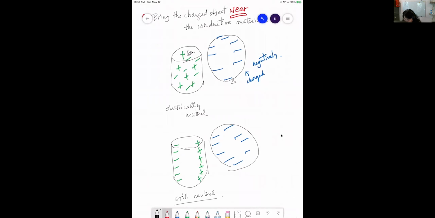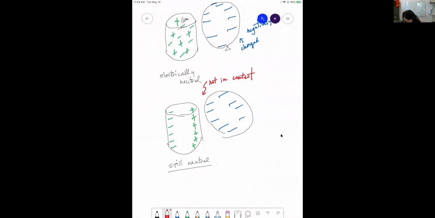And then it's not in contact, but you are inducing, this is called electrical induction. You're inducing a charge in an electrically neutral object, the conductive object. I can actually change the color.